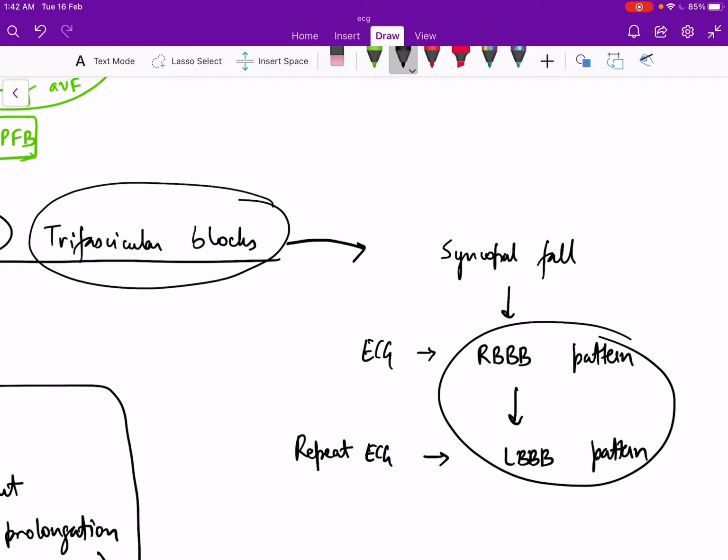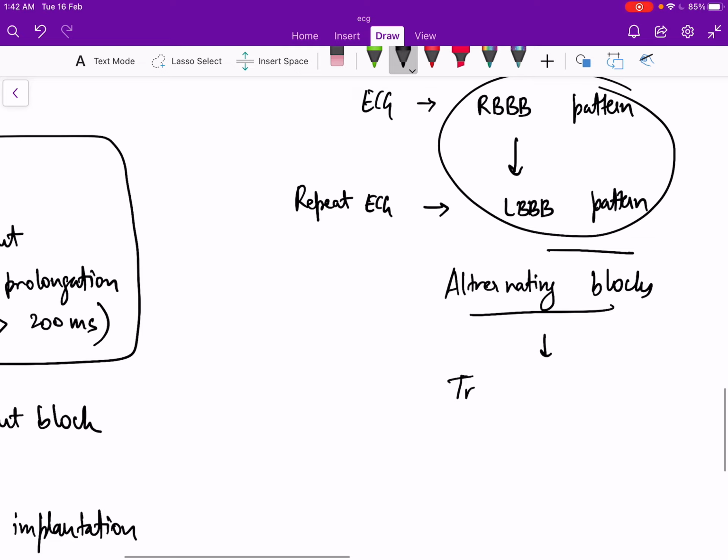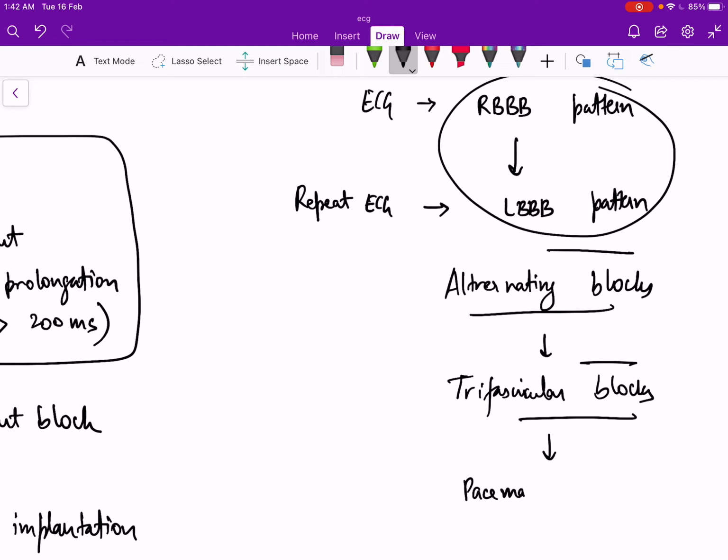This signifies that the patient has alternating blocks. You can call this a trifascicular block, where you should go for pacemaker implantation.